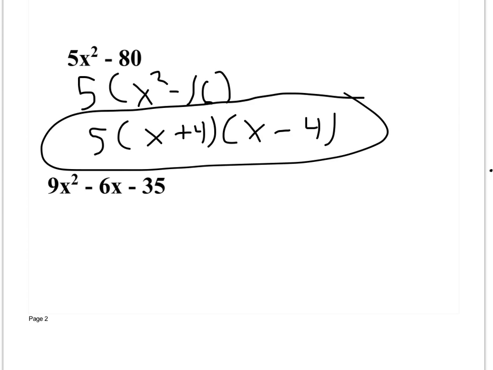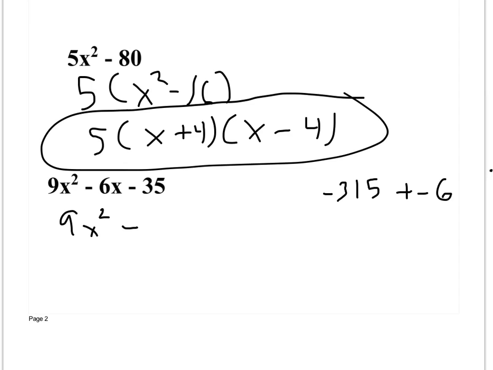You have 9x squared. You need 2 terms that add to give you negative 6x and multiply to give you negative 315. Remember, you have to do a times c, these two, which 9 times 35 is negative 315. So I need to see what multiplies to give me negative 315 and adds to give me negative 6.